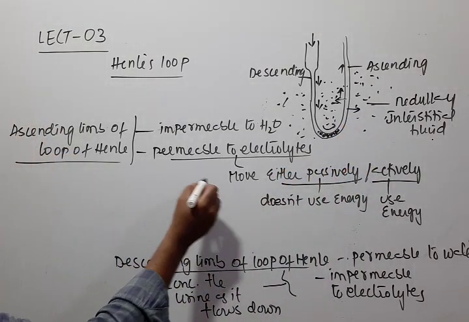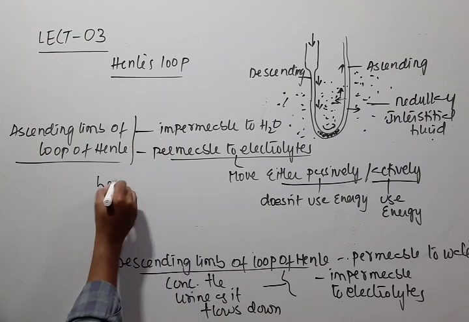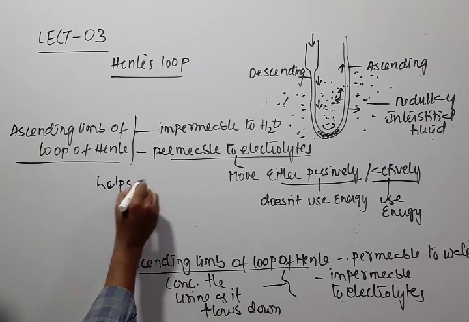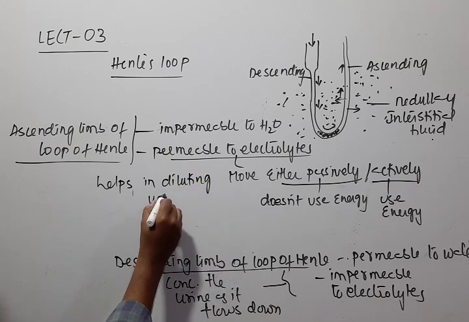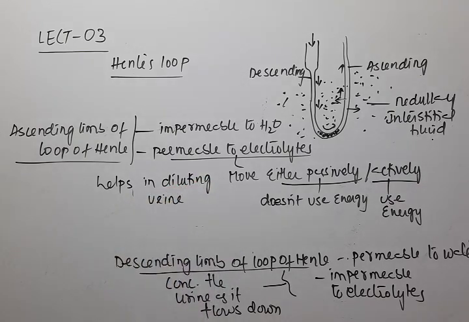So this mechanism helps in diluting urine as the urine moves upwards, and this is due to the passage of the electrolytes.